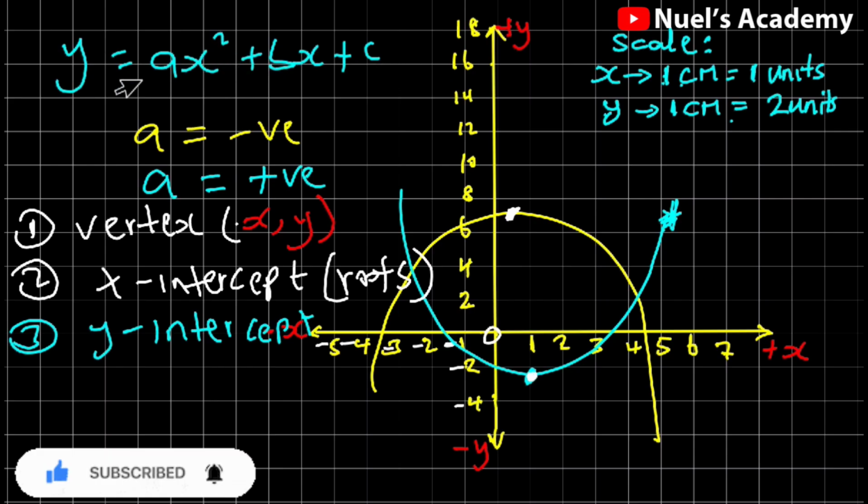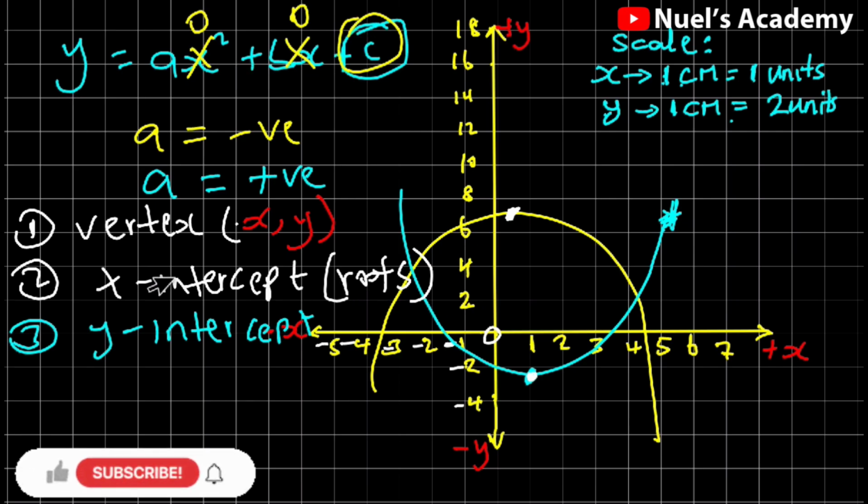In that case, the value of y is going to be equal to this c, because by the time you're plugging in 0 for x, everything else will be 0, and you'll be left with only the constant, which will be the value of your y.